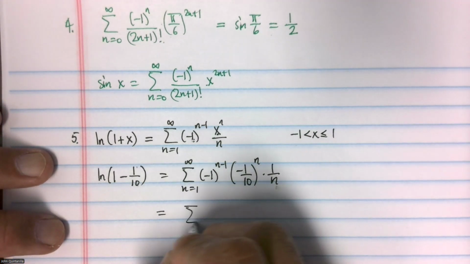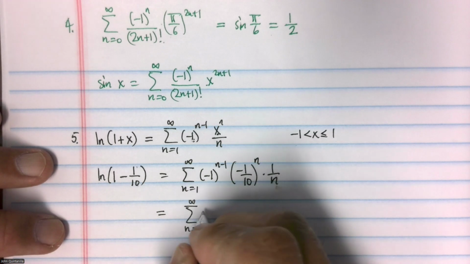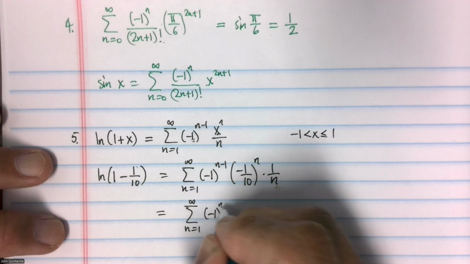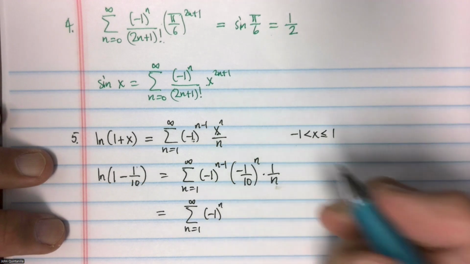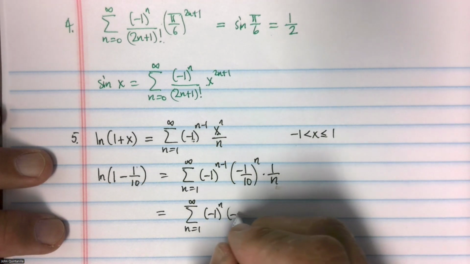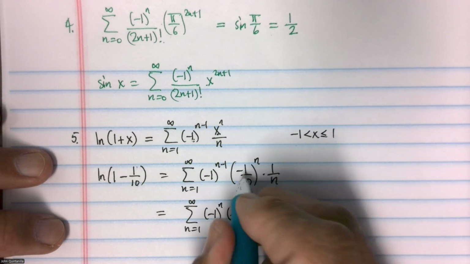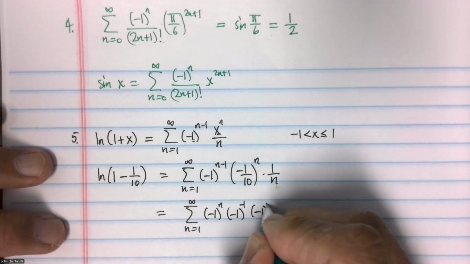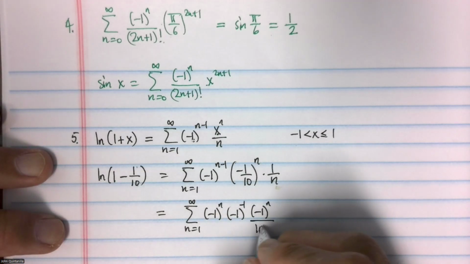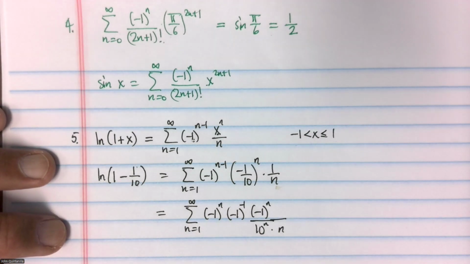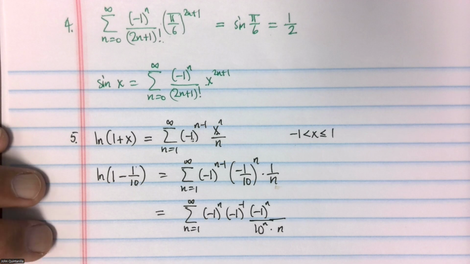All right, so summation n equals 1 to infinity of negative 1 to the n times negative 1 to the negative 1. Then I have another negative 1 to the n over 10 to the n times an extra n. And so it's starting to get close to what I want.